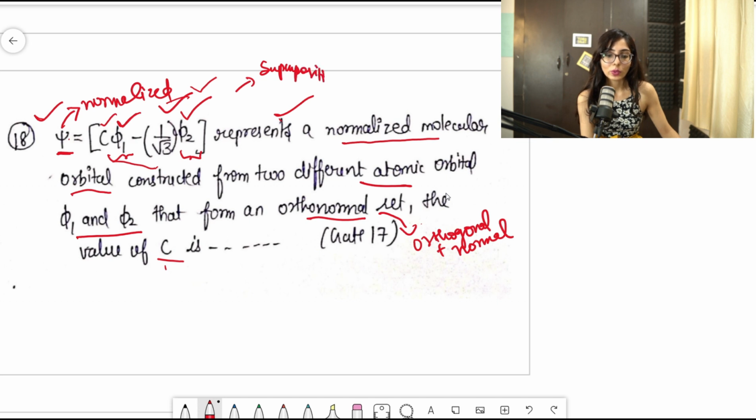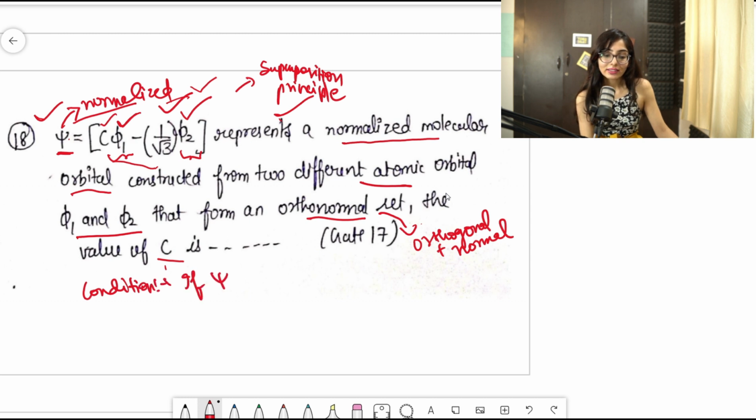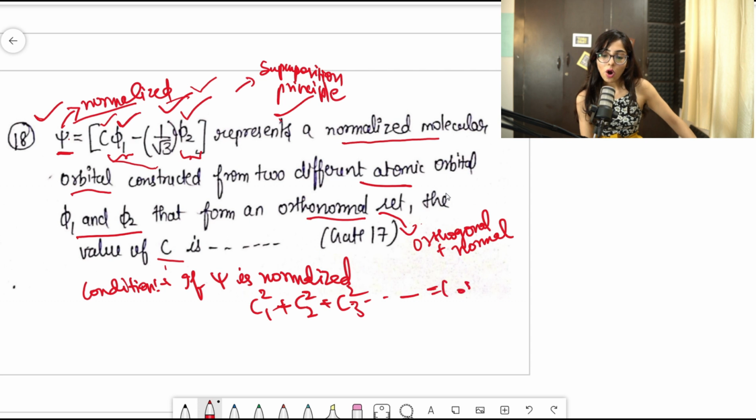For that, if psi is normalized, there is one condition: you will check that C1 square plus C2 square plus C3 square, depending on how many states are given, is equal to 1.